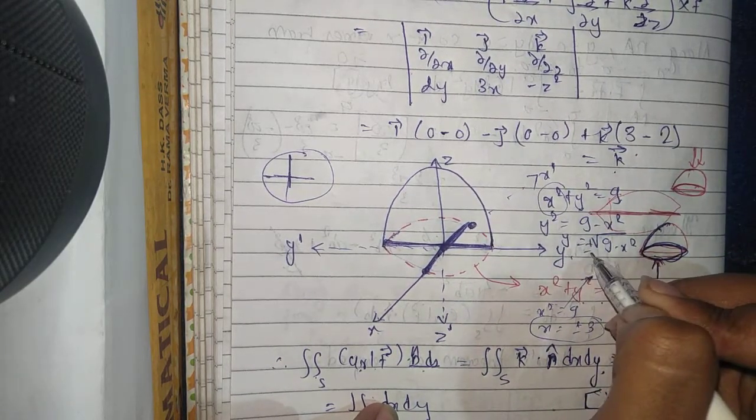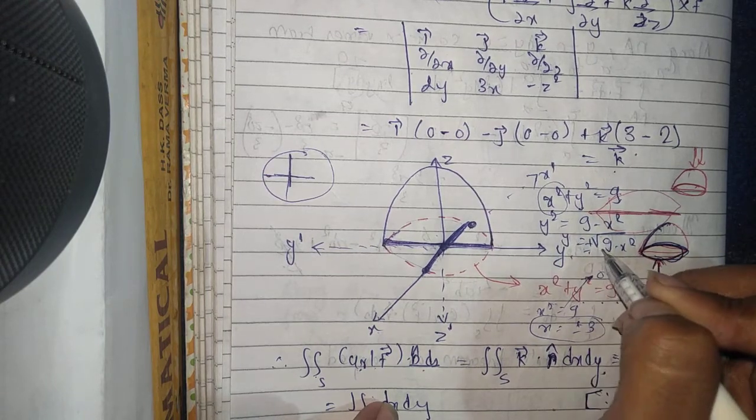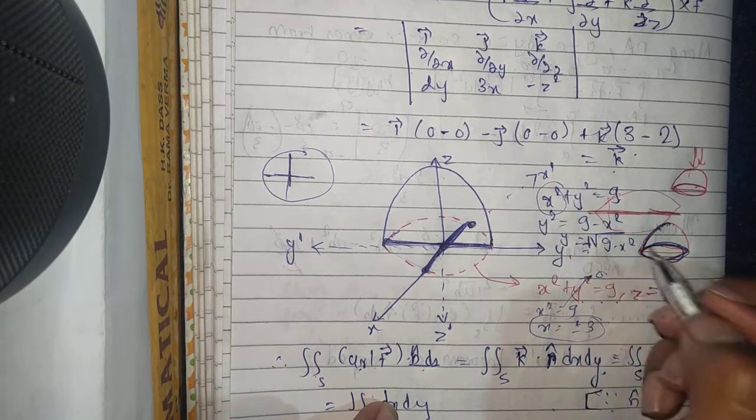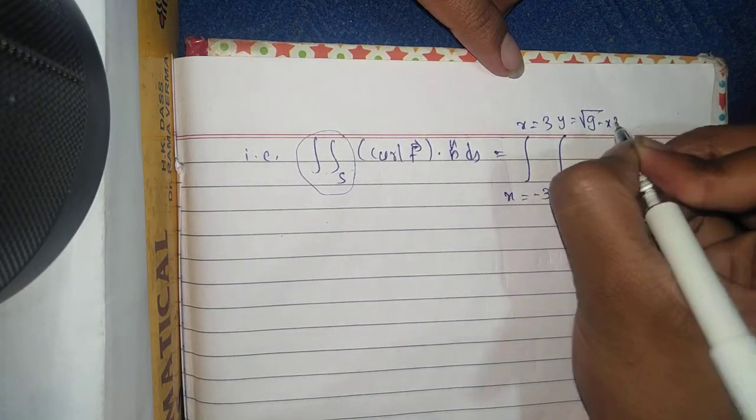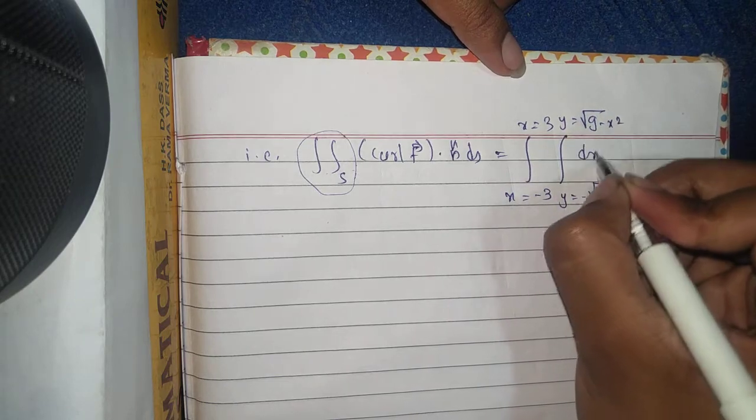So our limit varies from minus root 9 minus x square to plus root 9 minus x square. Using it, we get x equals minus 3 to 3, and y equals minus root 9 minus x square to y equals root 9 minus x square, dx dy.